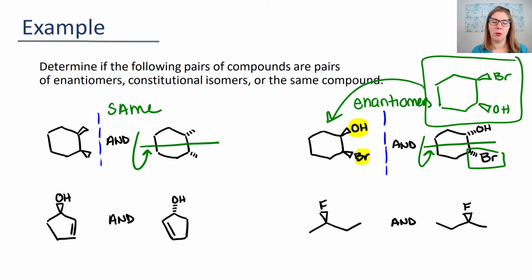Let's look at the bottom one on the left. In the bottom one on the left, what I want to point out is that we have kind of two things going on. First, if we imagined that we had a mirror here and we looked at the carbon skeleton, it is being mirrored as if we had a mirror to the right-hand side of this molecule.